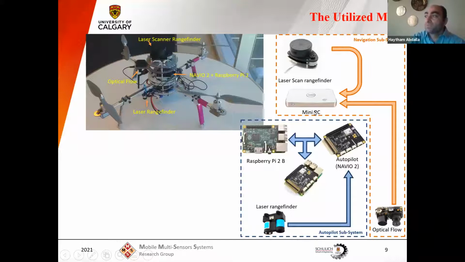Here, this mini PC is for gathering the point cloud that is formed by the laser scan rangefinder, and also all the computation for the point cloud is done here, and the map is saved here.